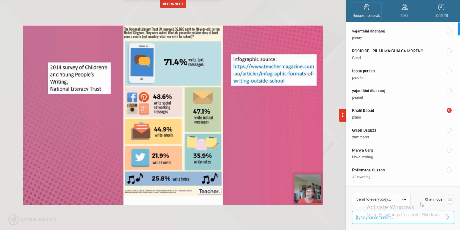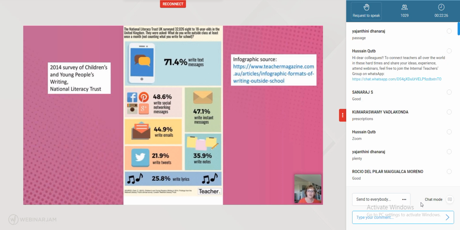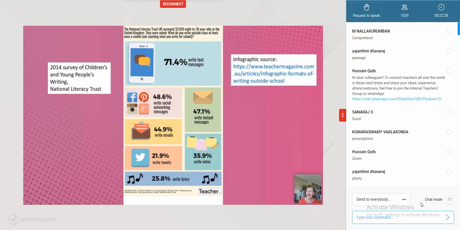Instant messaging has gone up to 78%. Stories have made an appearance, which I was very happy to read about. So stories was 44%. Song lyrics are also becoming more popular, 36%. And poems, 23% of students said that they wrote poems outside school for pleasure.